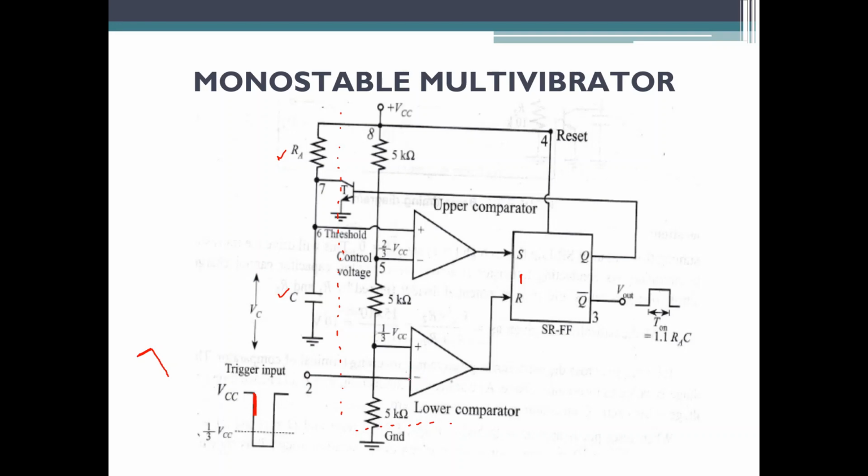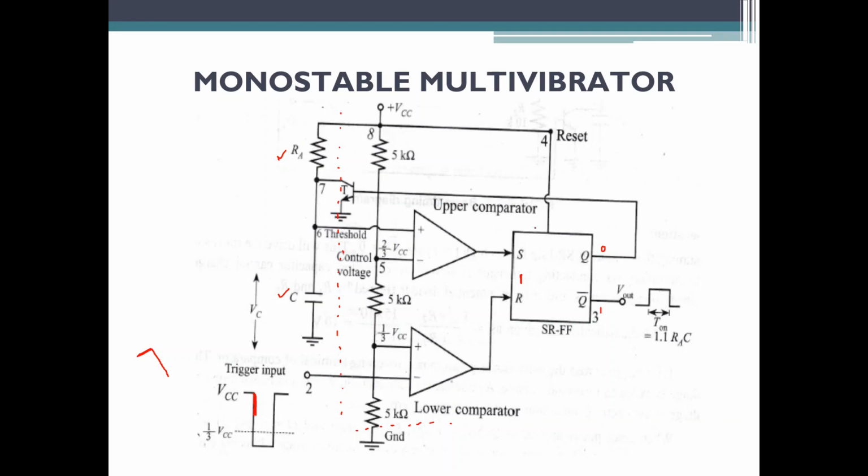Once it goes below 1 by 3 VCC, the lower comparator output goes high, the flip-flop output will become 0, setting Q bar equal to 1, and the transistor T turns off.